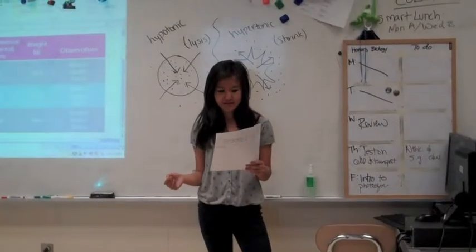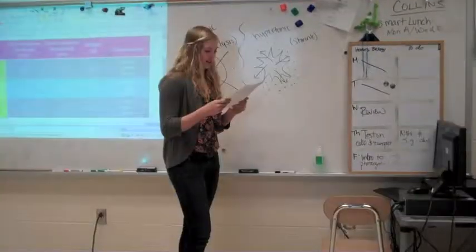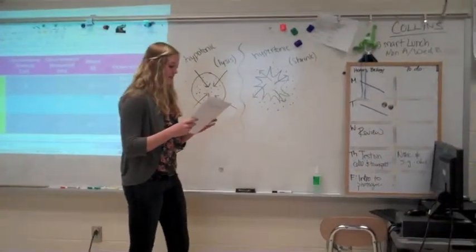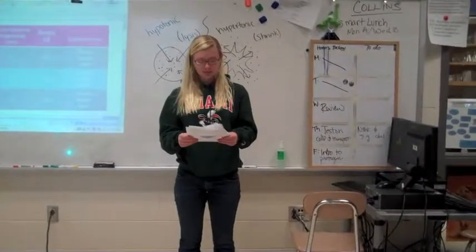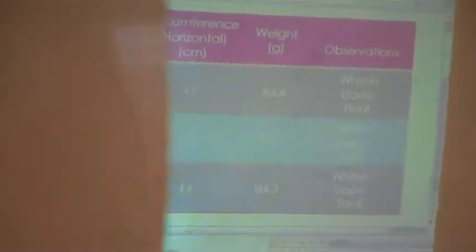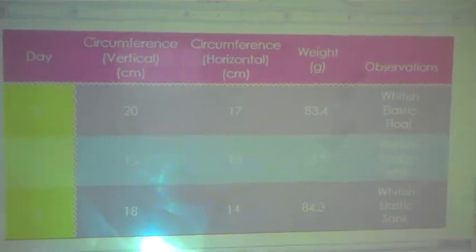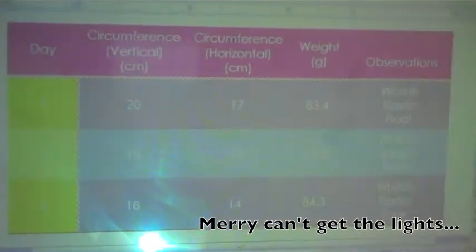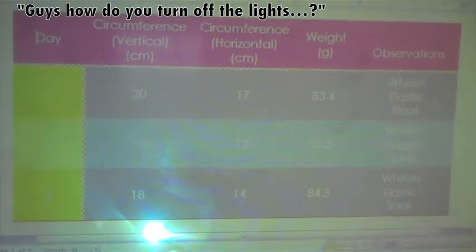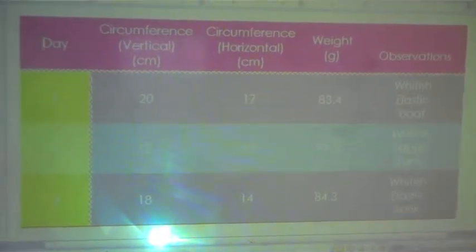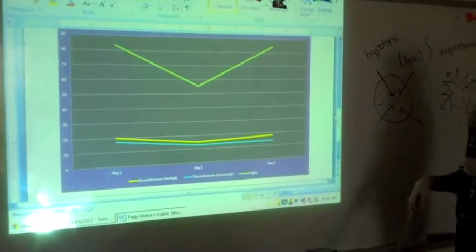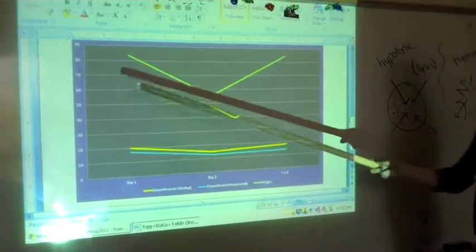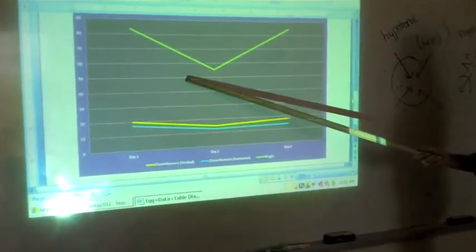Our groups for the experiment are, wait, what? Less solute and more water. Yep. Oh, my shadow. Let's scroll down a second. Wait one sec. Try over here. So this is our data table, and there's our graph.